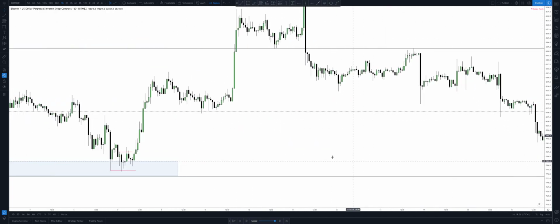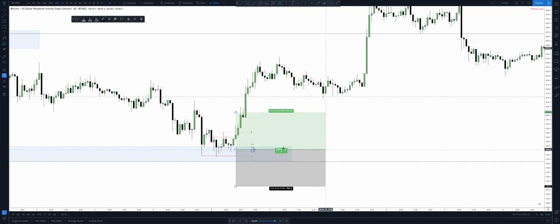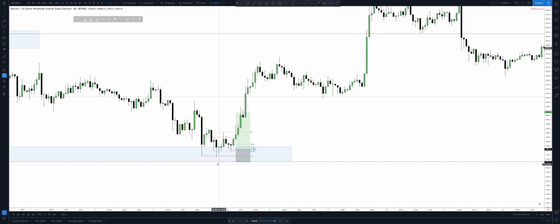I'll scrunch up the chart so we can see it better. We pull up our fib, swing low, swing high. We want to enter at the optimal trade entry and look at the reaction. Beautiful reaction at the 0.79. So we enter a long and our stop can go below the OB of range low.